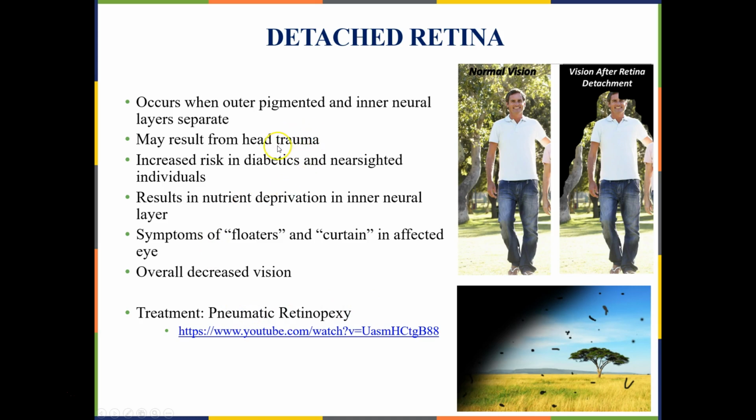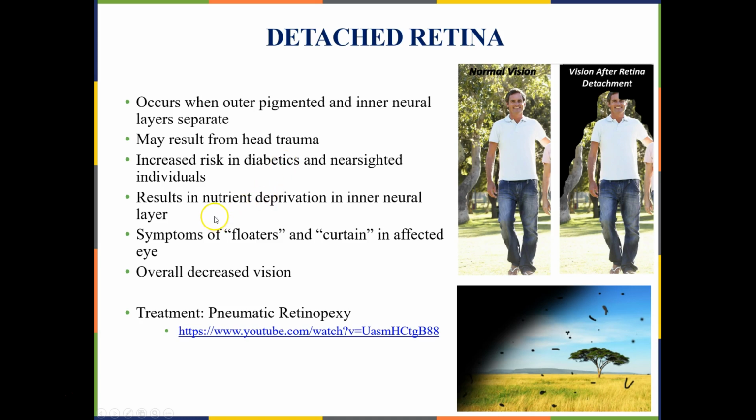So if damage occurs to the head and causes the vitreous humor to move, that can result in a tear in the retina. The retina can actually move from the back of the eye.